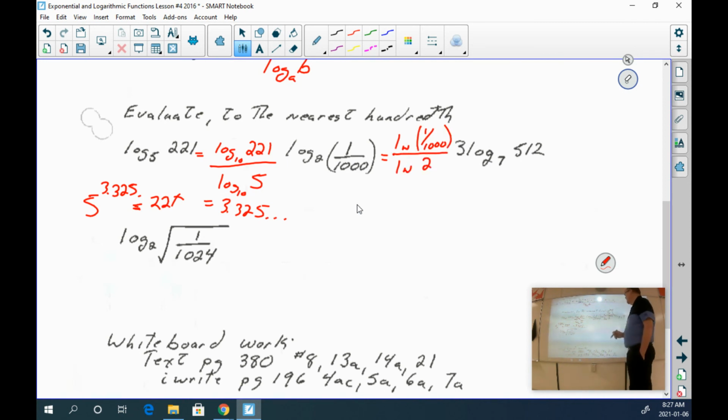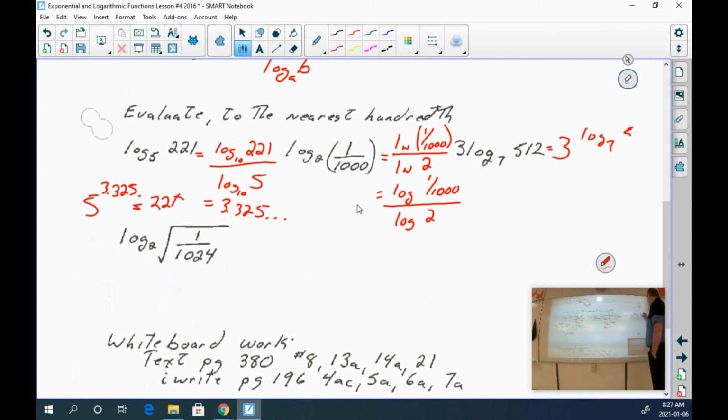Take the natural log of 1 over 1,000 divided by natural log of 2, or log base 10 of 1 over 1,000 over the common log base 2, and continue on. The only thing that you would do differently here is you would leave the 3 out in front.